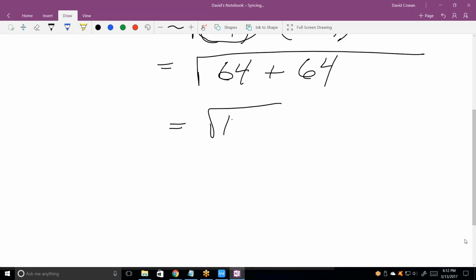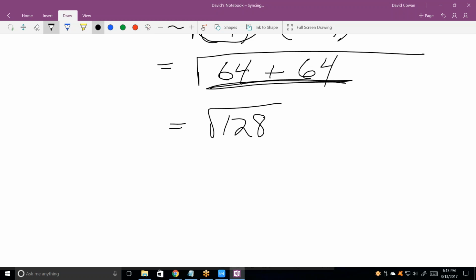Now, that's not simplified, so that's not the answer we want to give. Can you find any factors of 128 where one of them's a perfect square number? Look back up here.